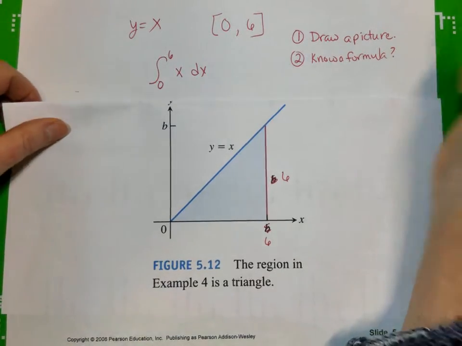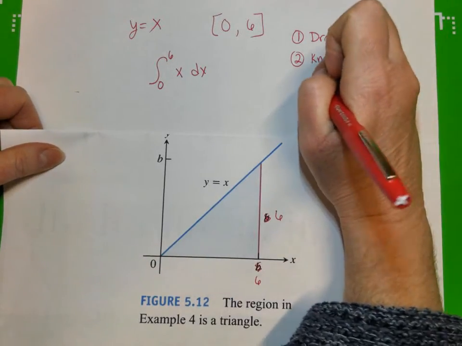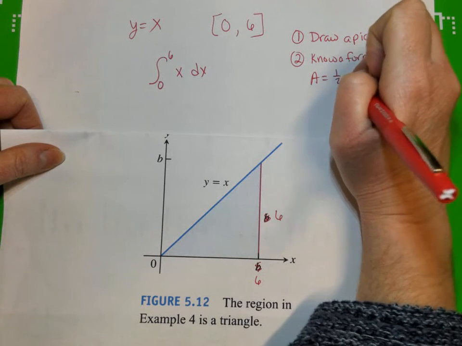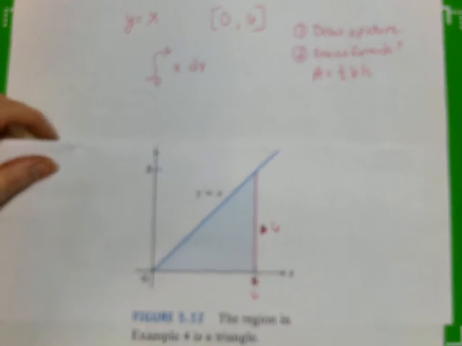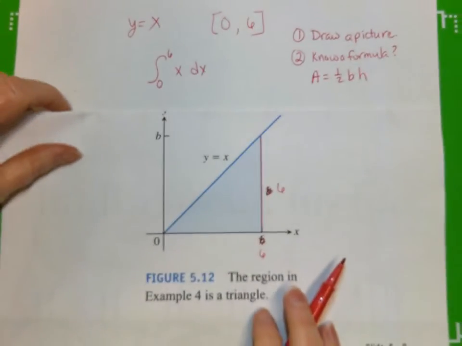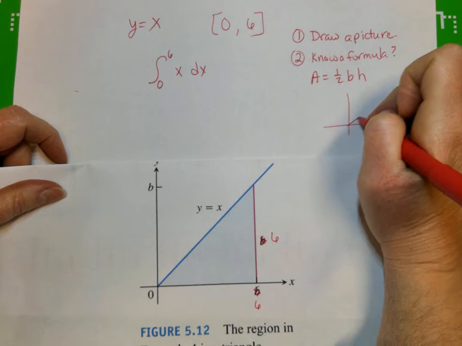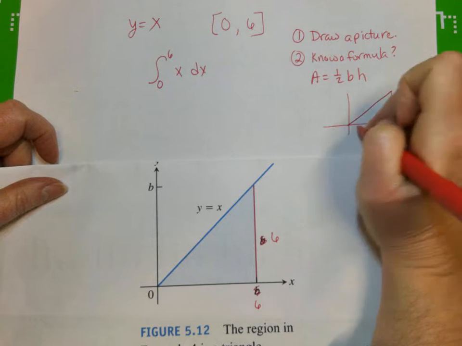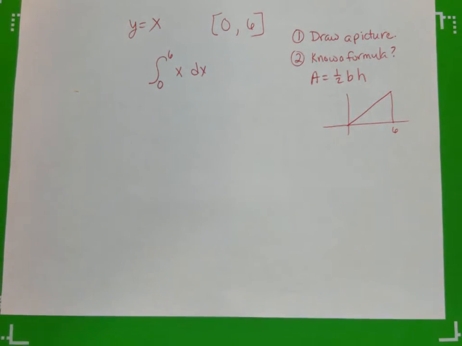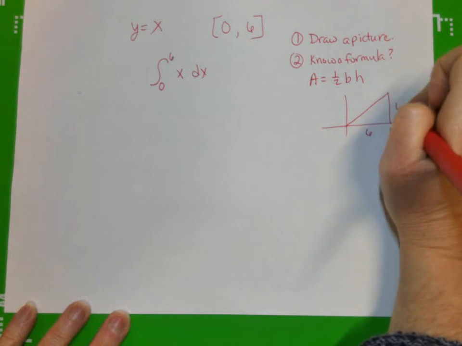I asked that question because, what is that? Well, of course, that's a triangle, and the area of a triangle is 1/2 the base times the height. So we take a look at our picture. I'm just going to draw a sketch right here. I have my graph, here's my equation. I know that this is 6, and because of that, I know this has a length of 6 and a height of 6.